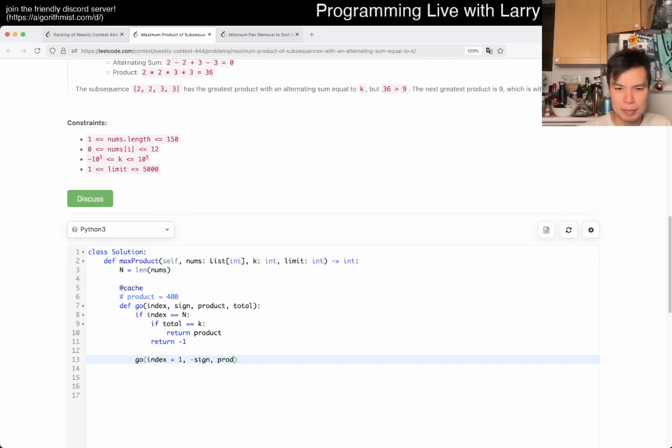Product times num sub index, total plus sign times num sub index.